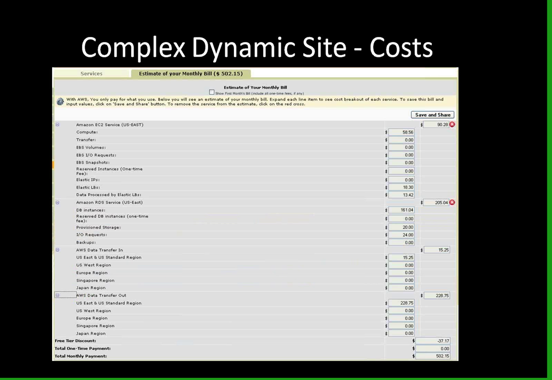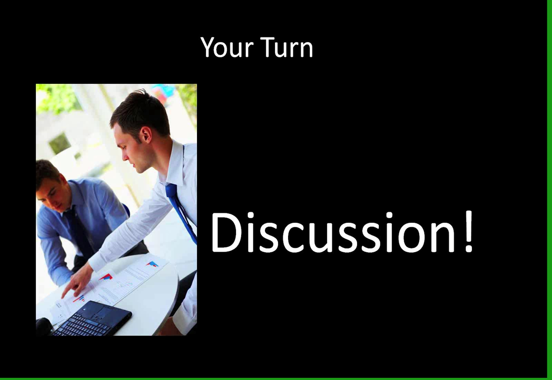We enter this all into the calculator, and we can see our EC2, our RDS, our data transfer costs all in here. And this adds up for this complex dynamic site serving this large number of hits per month and with auto scaling up and down. We're at $502.15 per month.